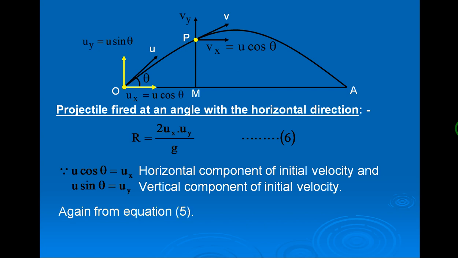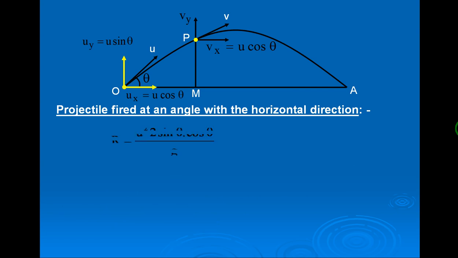Again, from equation 5, we get R is equal to 2u cos theta into u sin theta upon g. By rearranging, we get capital R is equal to u square into 2 sin theta into cos theta upon g.